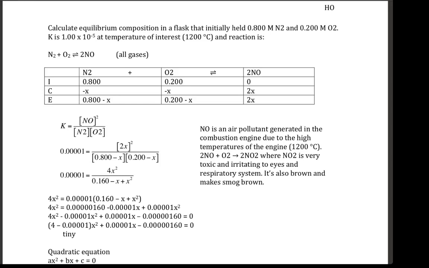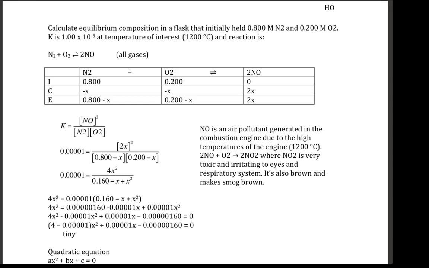For the NO, there was no mention of it, so there must be none to start with, so we have 0. It changes by 2x, the 2 because of the stoichiometric coefficient in front of the NO, 2. Positive because we have none to start with, so its quantity has to increase. All right, so at equilibrium for it, we have 2x.